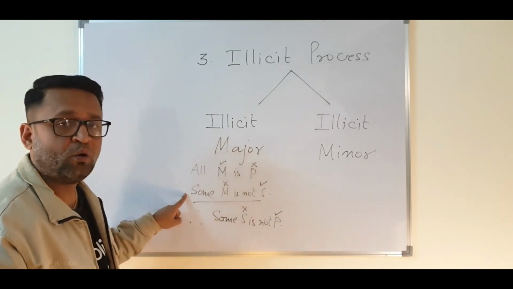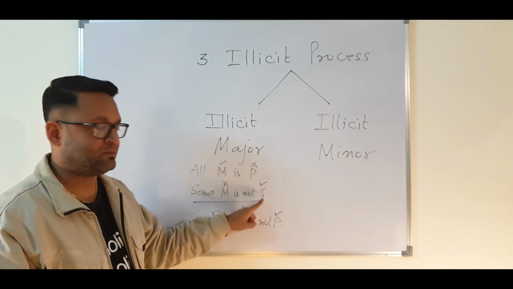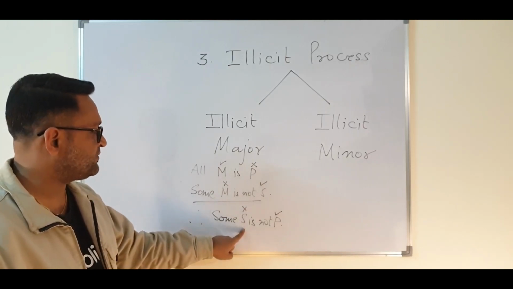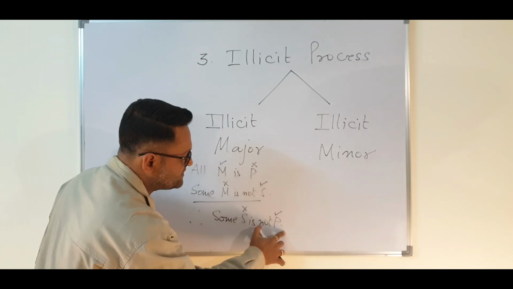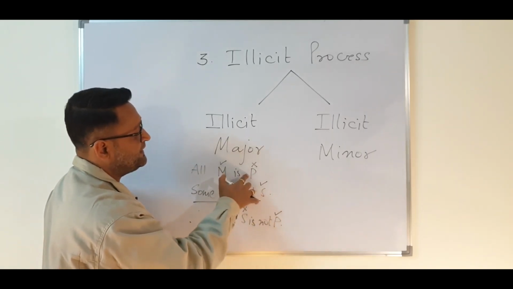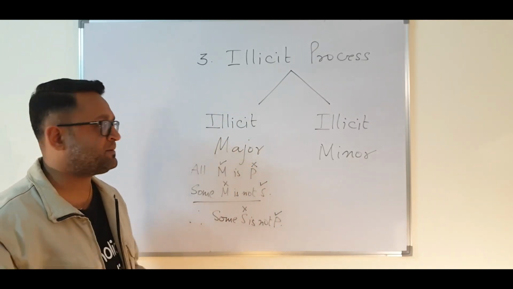In an O proposition, the subject term is not distributed, however the predicate term is distributed. Similarly, this is also an O proposition. So you can see that the P term is distributed over here, but it is not distributed over here, so it will commit the fallacy, right? That is illicit major.